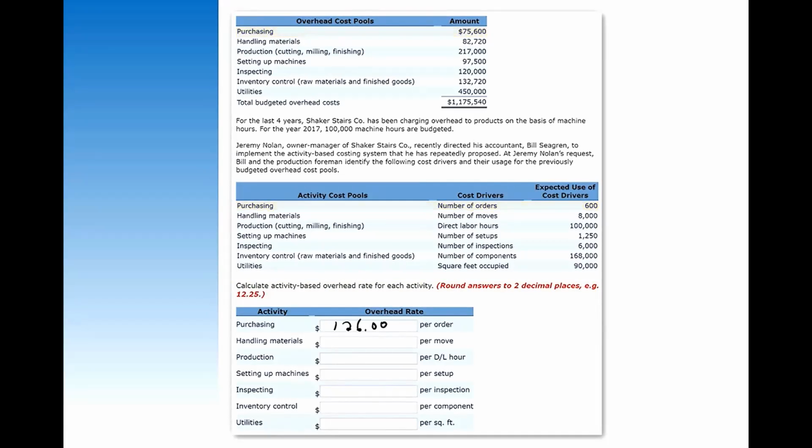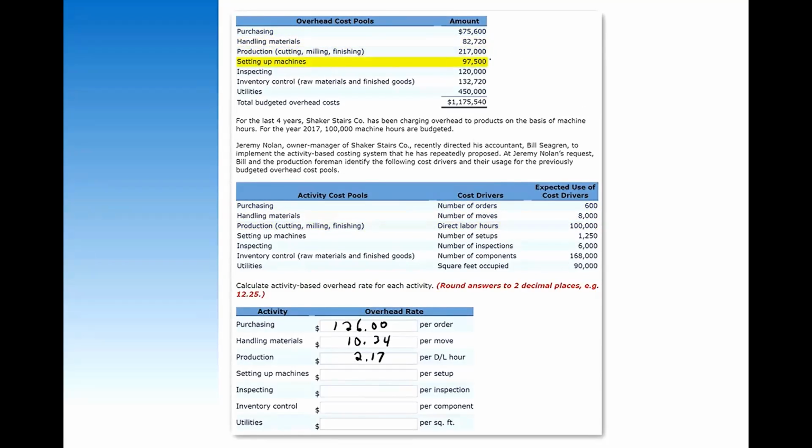Next, for the handling of the materials, we take the cost of $82,720 divided by the number of moves, which is 8,000, and we'll get a rate of $10.34. Next, for production, the cost is $217,000. We divide that by the cost driver, which is direct labor hours. It's estimated to be 100,000 direct labor hours, so we get a rate of $2.17.